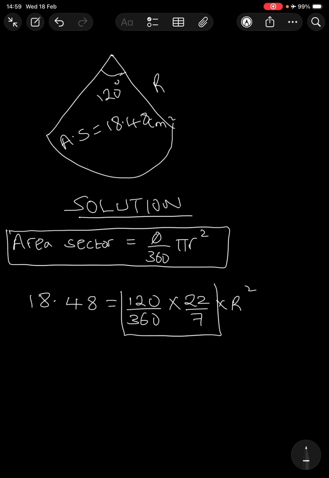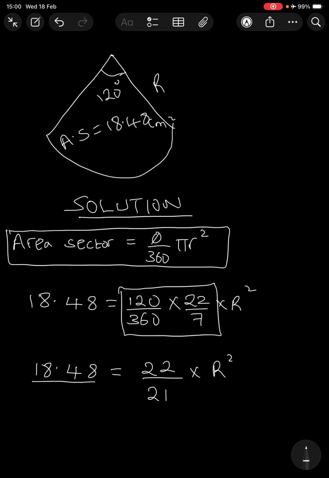We solve this part. So you take 120 over 360 times 22 over 7. So I got 22 over 21 r squared is equal to 18.48.